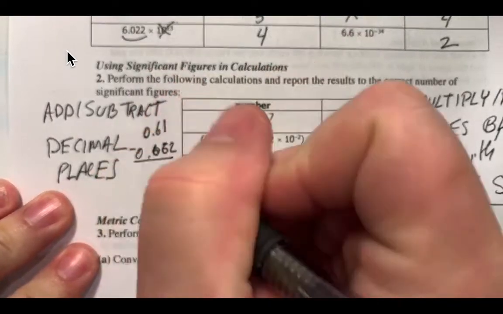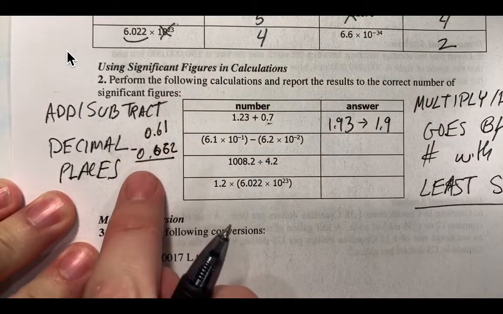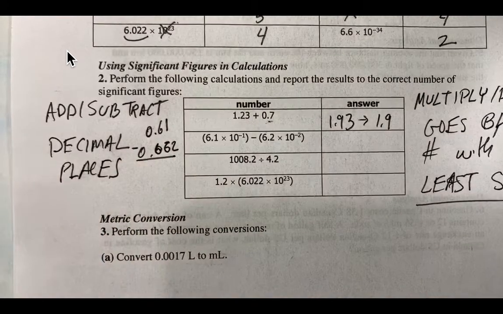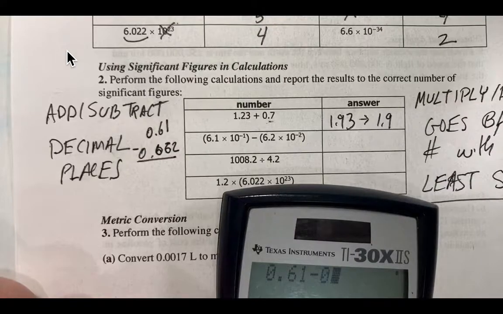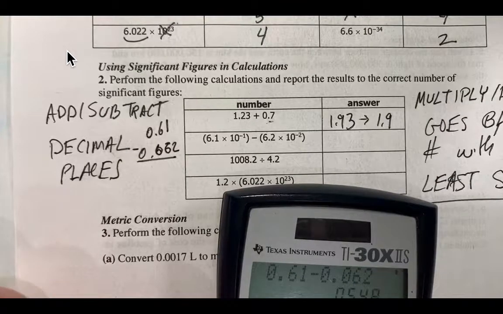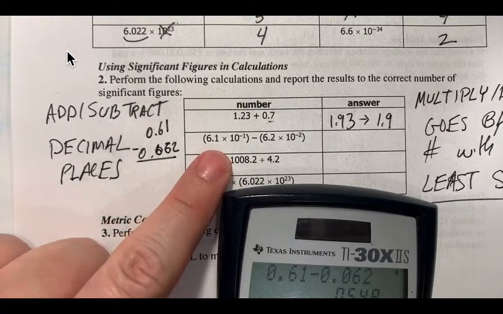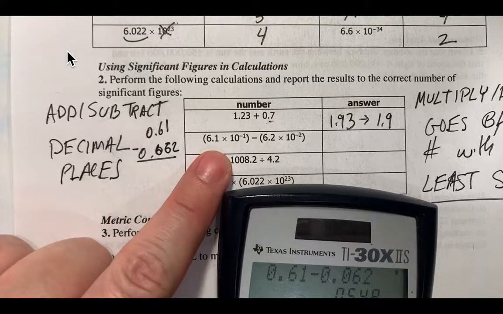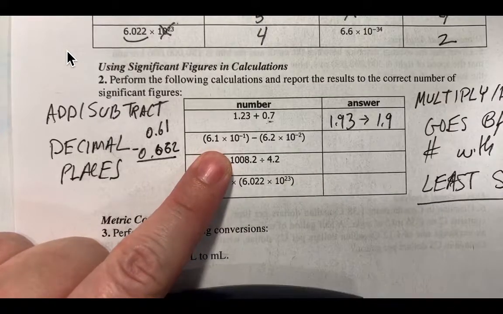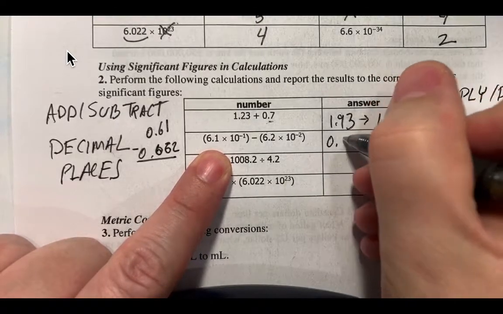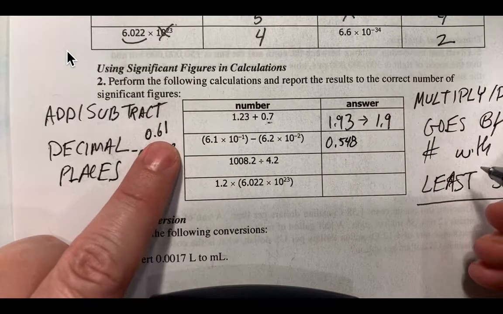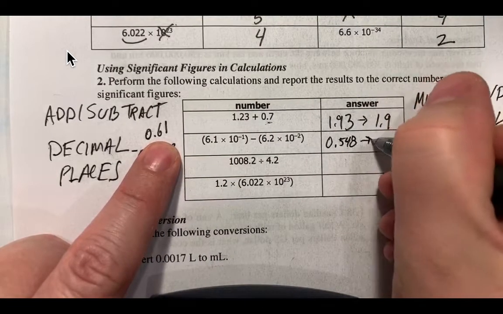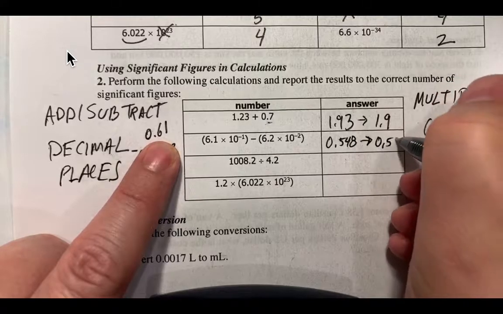So 0.61 minus 0.062. The first number here has just 2 decimal places. And so while my calculator tells me the answer is 0.548, I know that since this number limits the number of sig figs, I need to round that to 0.55.